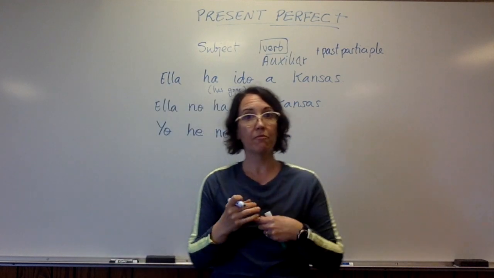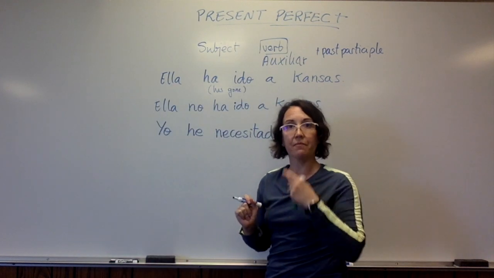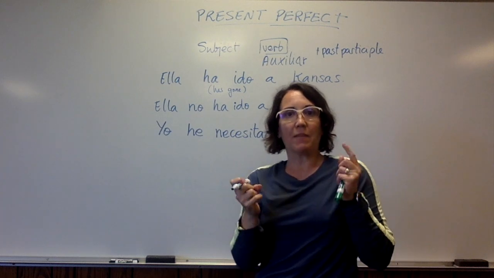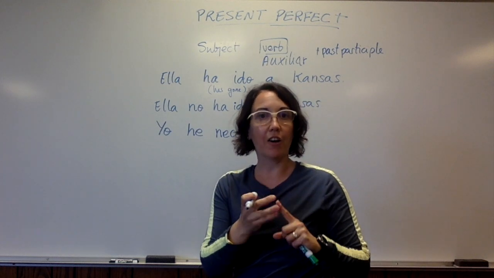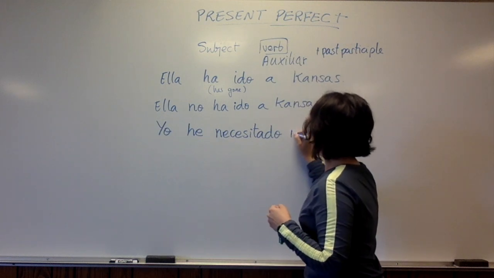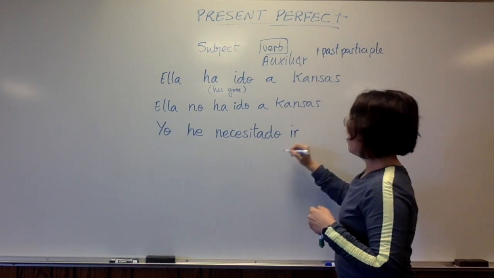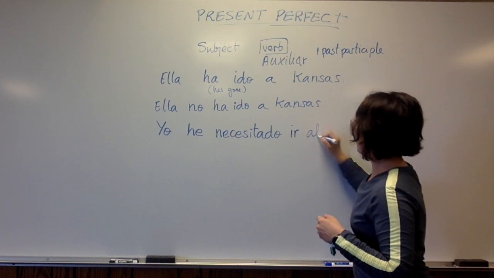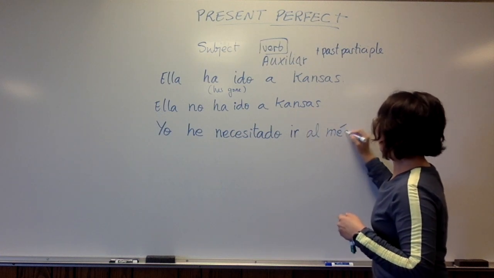Then the following verb, as always, it's in the infinitive. That's in the infinitive, meaning you keep the ER, IR, or AR ending on the verb. So, yo he necesitado ir al médico, o al doctor.